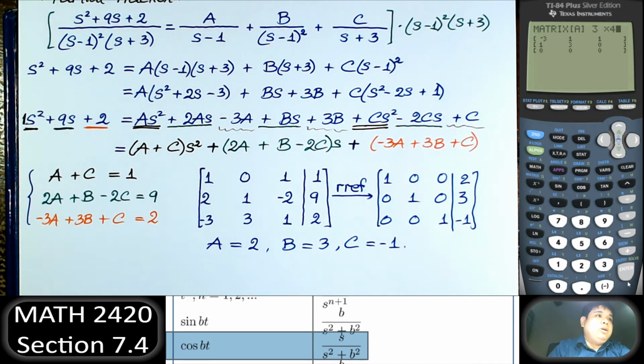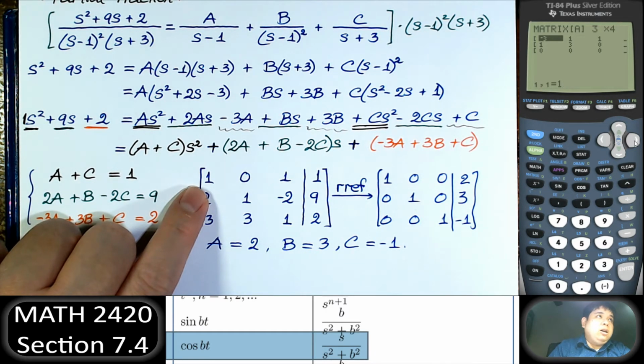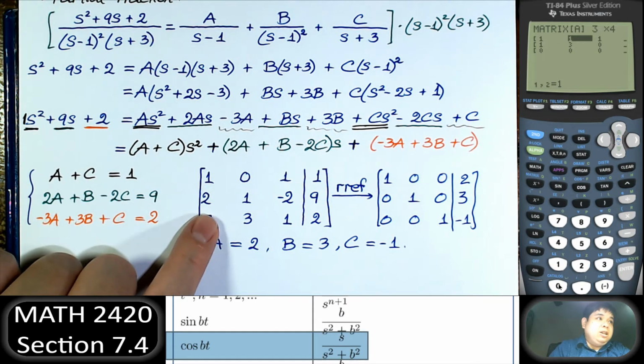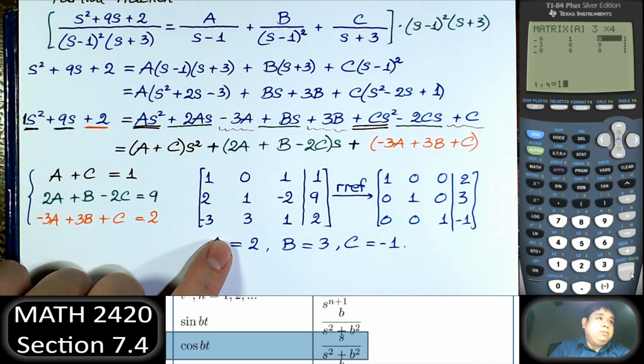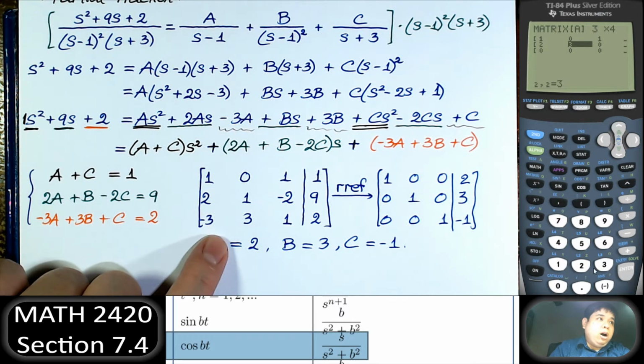Enter 1, 0, 1, 2, 1, negative 2, and 9, negative 3, 3, 1, 2. Right.